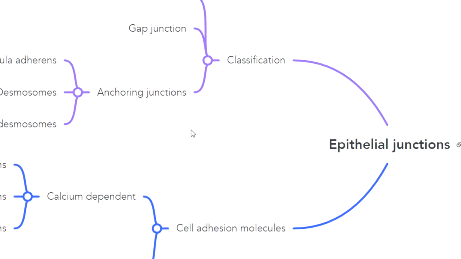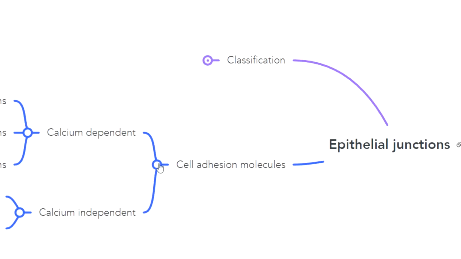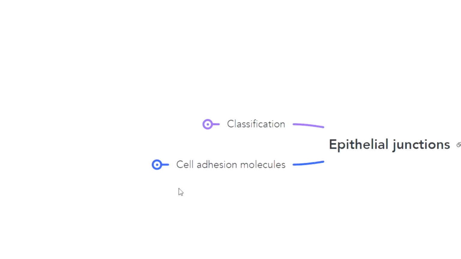Now epithelial junctions are the junctions which are adherent to each other by specialized intercellular junctions. All these cells which are present in groups are kept intact in position, where adjacent cells are anchored to each other by specialized intercellular junctions.